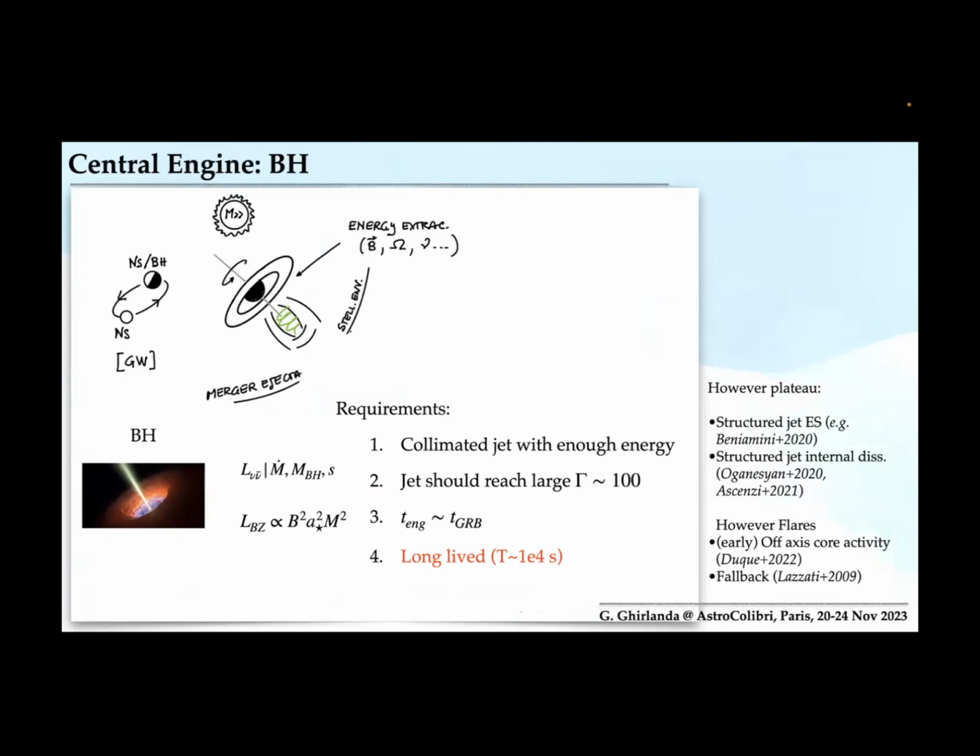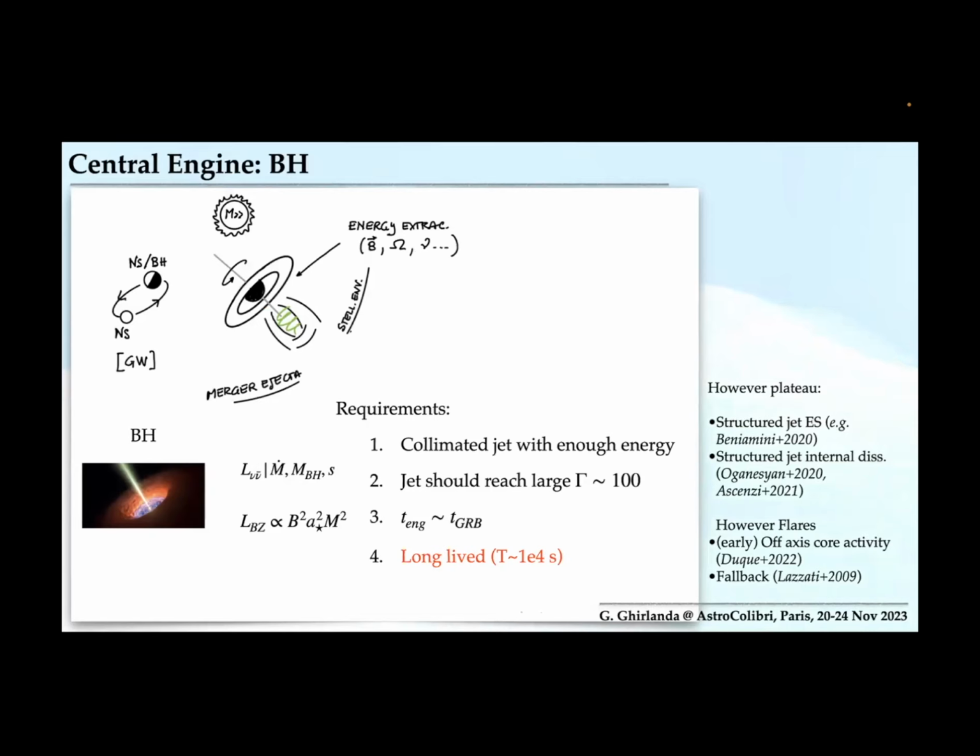Now, one possibility, which seems to be natural in massive stars, is the production of a black hole directly or through a short-timescale existence of a kind of neutron star. Now, the idea is that you then need to extract the energy from this system. And there are possibly two channels. One is neutrino-antineutrino annihilation, which has its maximum cross-section along the jet axis, and it depends on the accretion rate and black hole properties, mass and spin.